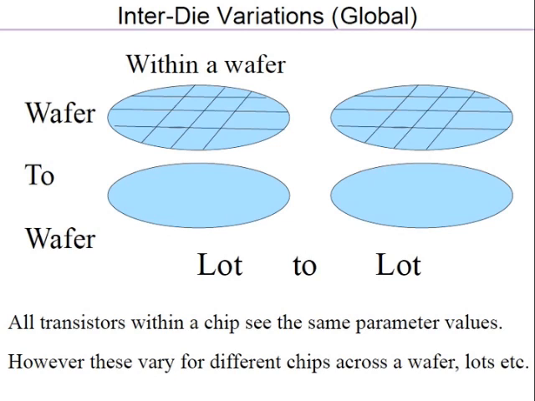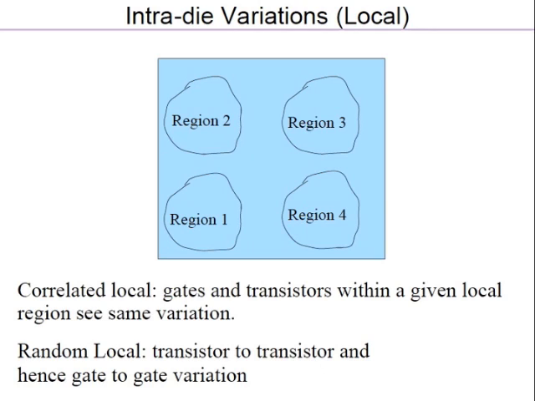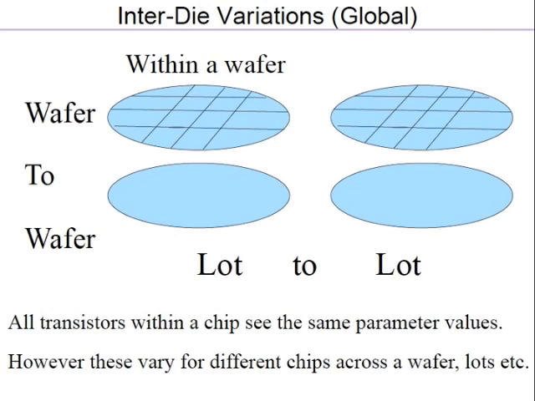So there could be variations across the lots, because the equipment you have used to put in these chemicals, etc., may have a small change and maybe chips come out a little differently. And then within the same chip you could have little variations, because in a lot of this processing, the whole wafer is not exposed at once.